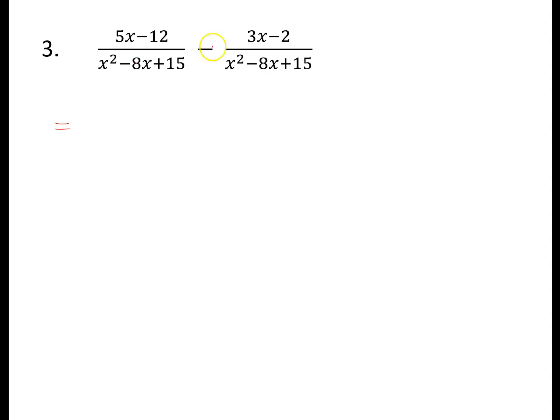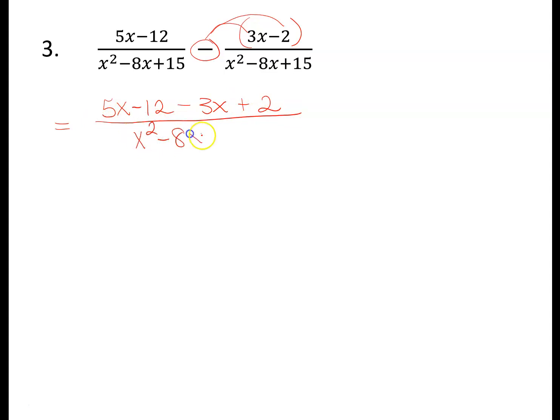And this is another one with the minus sign and 2 terms in that second numerator. So I'm going to go ahead and write this. We've got 5x minus 12 in our first numerator. And this time I'm going to go ahead and distribute that minus. So it's going to be a minus 3x and a plus 2 all over our common denominator.